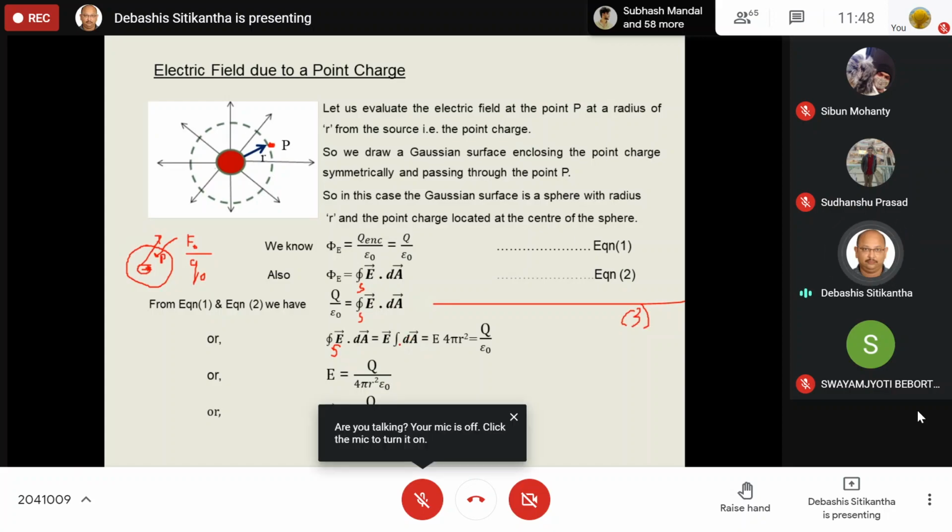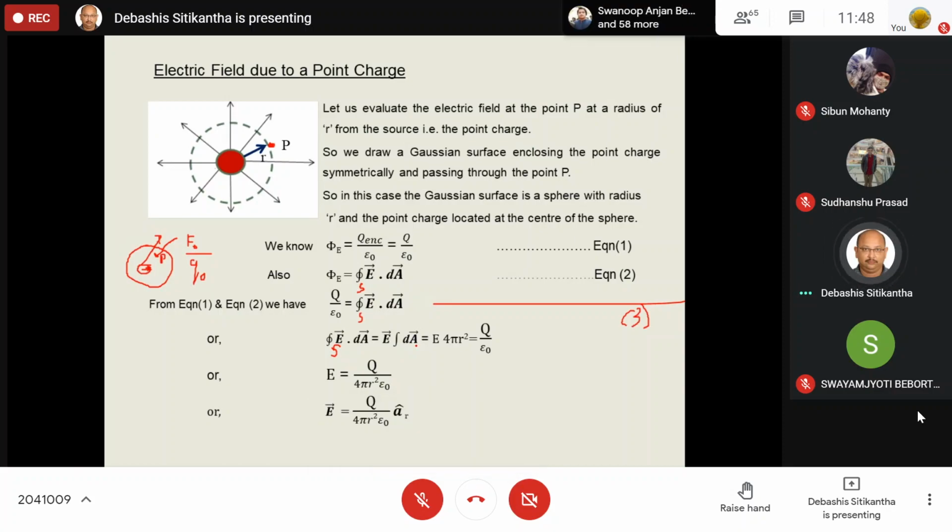Now the integration of dA over a closed surface, that is a sphere, how much is it? It is equal to 4 pi r square. So for this integration of dA, I have replaced it by 4 pi r square. Just look over here, I have not used any vector sign because while evaluating, I am not going to use any vector representation.